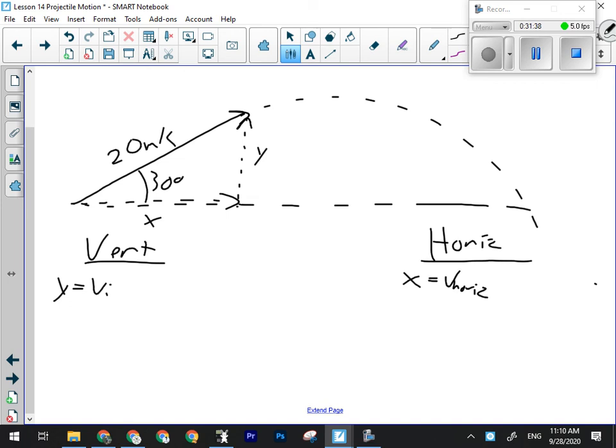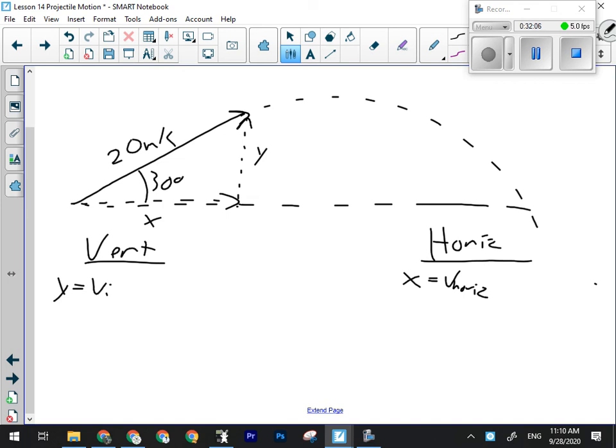How fast it's moving straight across at the moment it's released. The difference between these two things is this one is going to be constant, it's not going to change, and this is going to change because it's undergoing accelerated motion. So it doesn't matter whether I have an angled projectile or a horizontal projectile, the vertical part is always accelerated motion, the horizontal part is always constant motion.